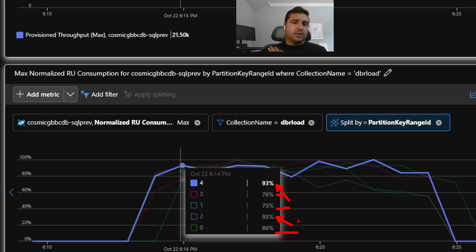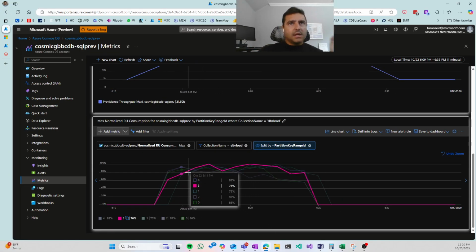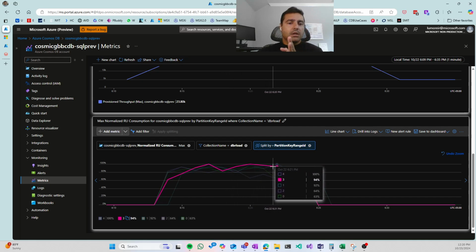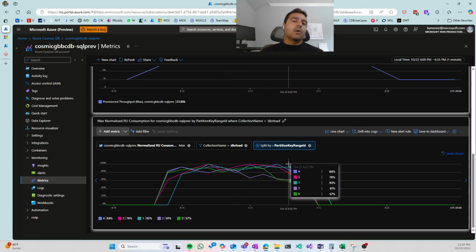Other partitions are hovering around 75, 86%, so a good use. Looking across time, the workload seems well balanced across my physical partitions, so I don't have a hot partition scenario in this case. It looks to me that this 100% normalized RU is a good 100% normalized RU, well distributed across the physical partitions.